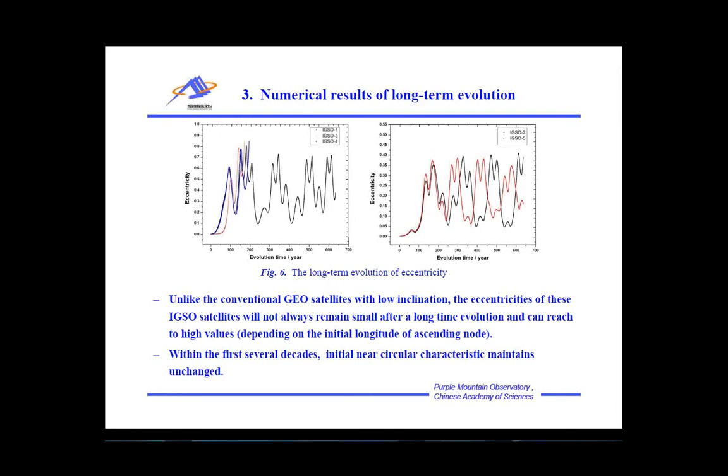This figure 6 shows the long-term evolution of orbit eccentricity. From these figures, we can see, unlike the conventional GEO satellites with low orbit inclination, the eccentricities of these IGSO satellites will not always remain small after very long evolution and can reach higher values.